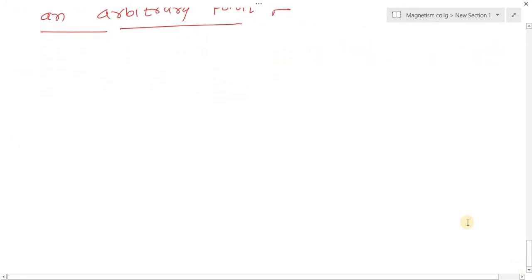So here we have to derive the magnetic field at an arbitrary point. The figure shows a bar magnet with magnetic moment m bar and center O. So this O is the center of the bar magnet, and m bar is the magnetic moment.